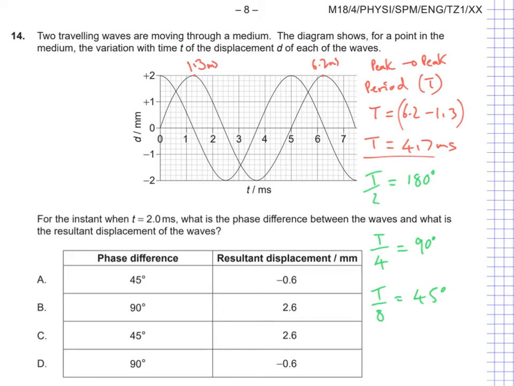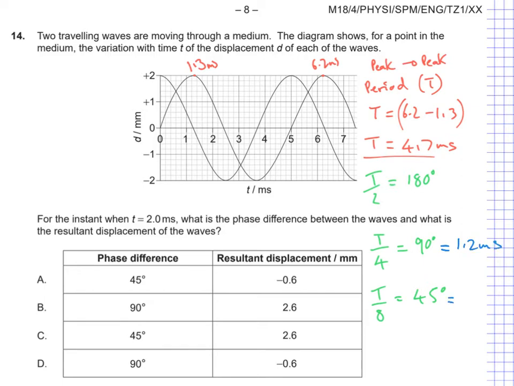So it's quite simple. We're just going to divide our 4.7 by 4 and see what we get for that. And we're also going to divide it by 8 and see what we get for that. So 4.7 divided by 4 gives us 1.2 milliseconds.